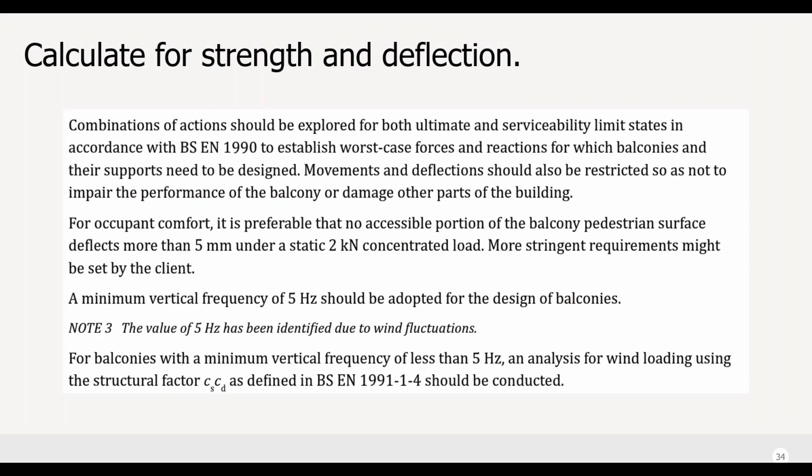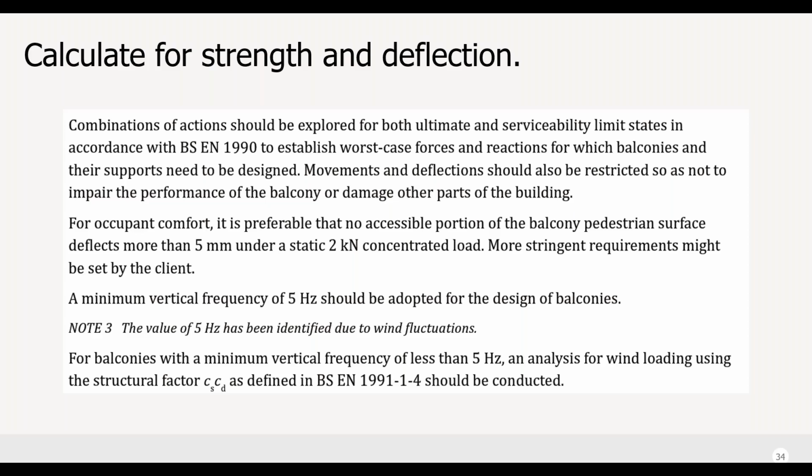Now 2 kilonewton is the concentrated load which is stipulated in Eurocode, and so we decided as a committee that 5 millimeters was an absolute maximum that should deflect under that load. What it gives is something that's easy to be checked on site. There's also mention of a natural frequency limitation of 5 Hertz.